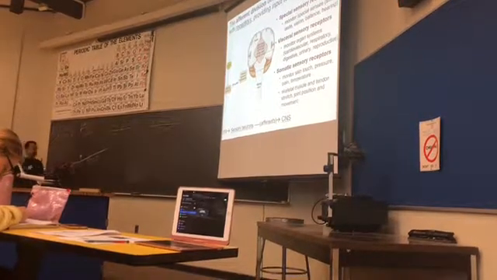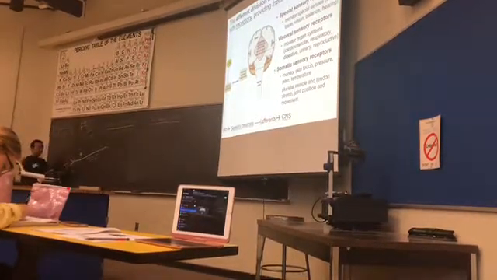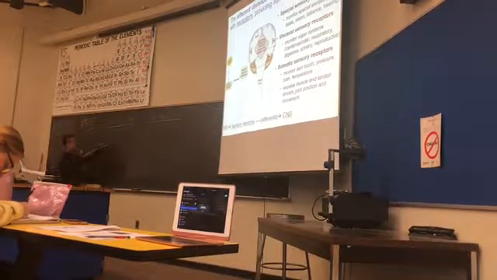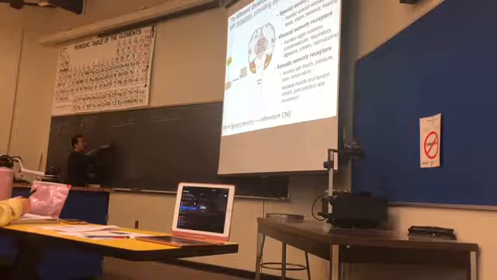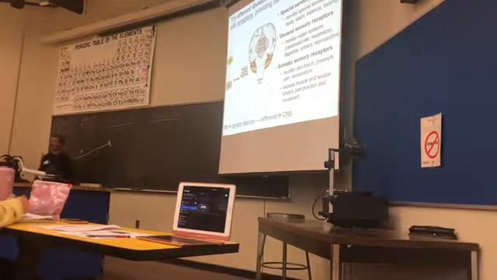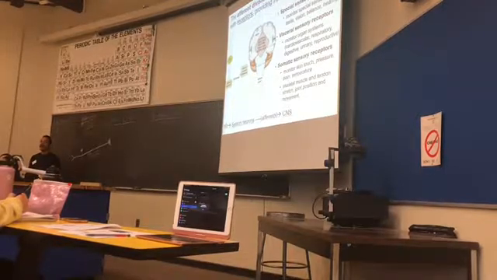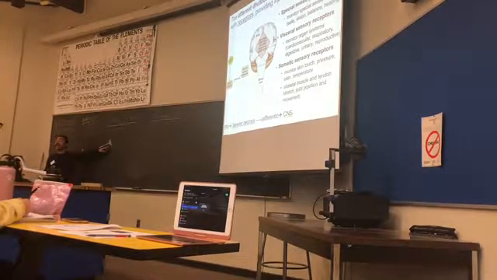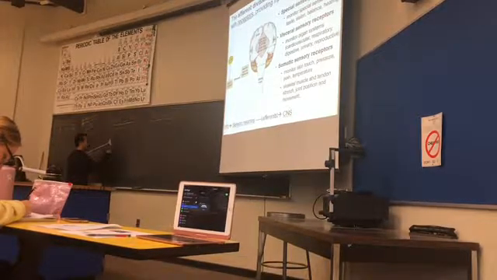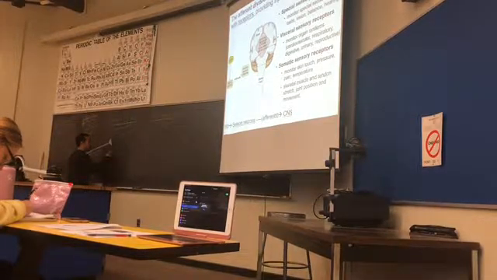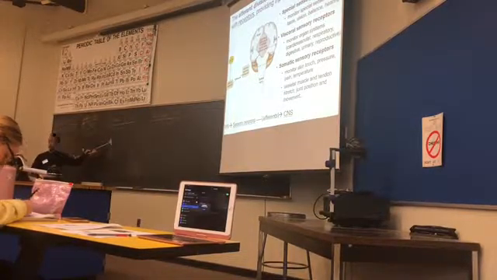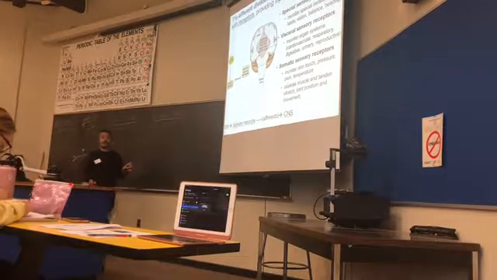So this open caret thing, I'm representing as our receiving end. Can anyone guess what this is? We've learned this term. Axon terminal. This is the axon terminal. Which leads, in this case, to the central nervous system.